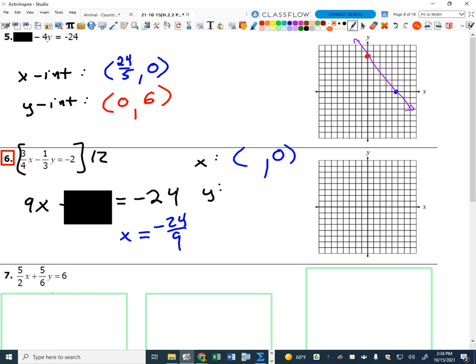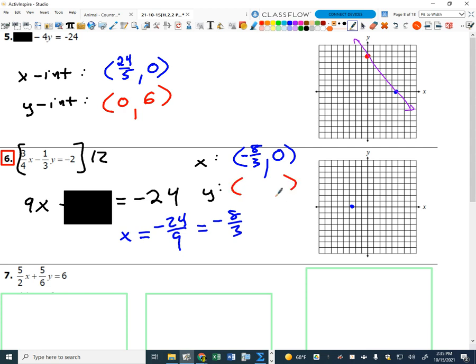Can I reduce that? Negative 8/3. As a mixed number, that's negative 2 2/3. I'll just write it as negative 8/3, but when we graph it, it's negative 2 2/3, so right about there.